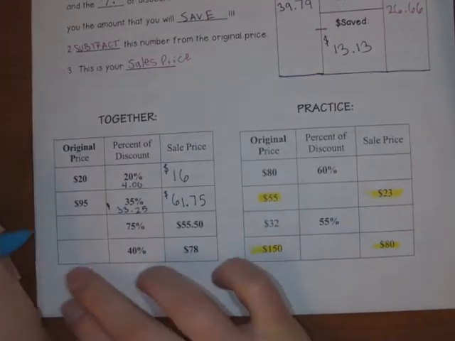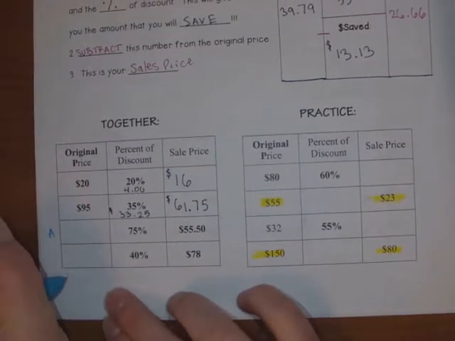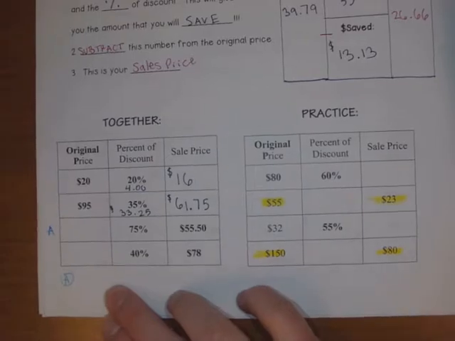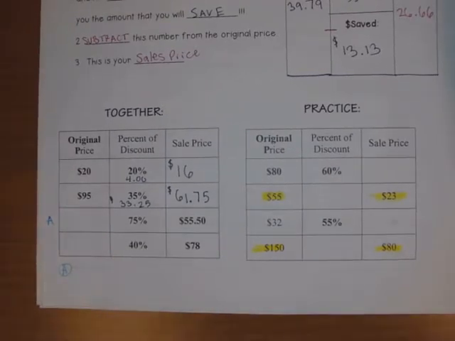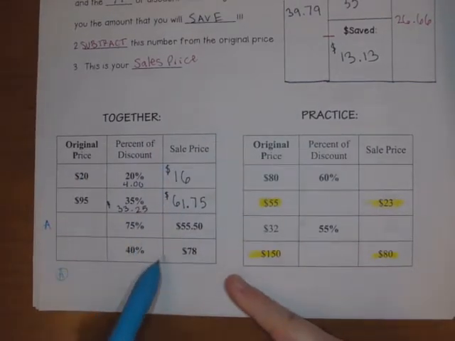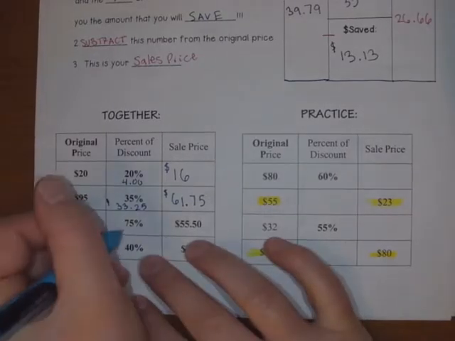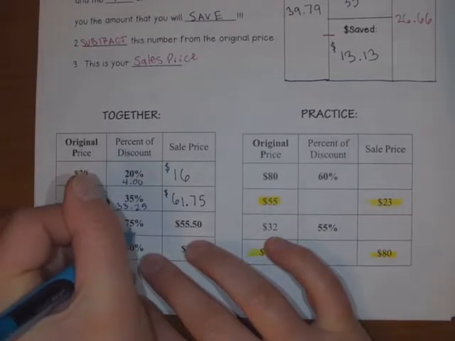So let's start with A. Okay, on problem A, you're going to set it up where if you're getting a discount of 75%, what percent are you paying? Okay, you're going to be paying 25%.